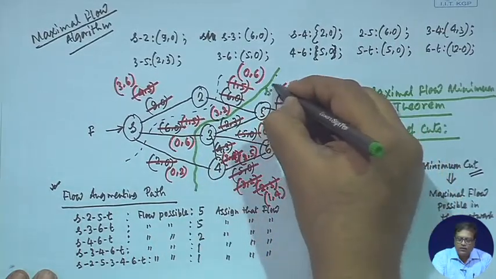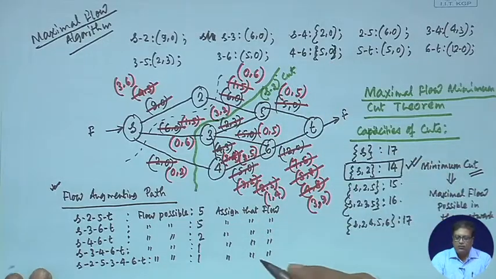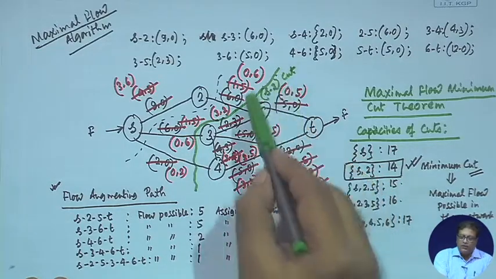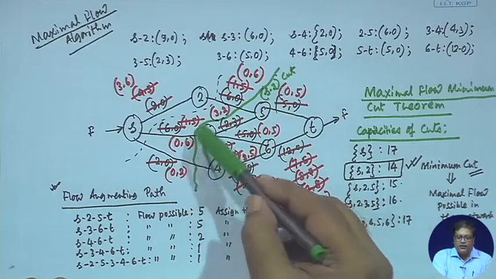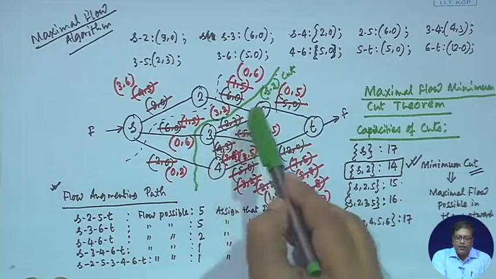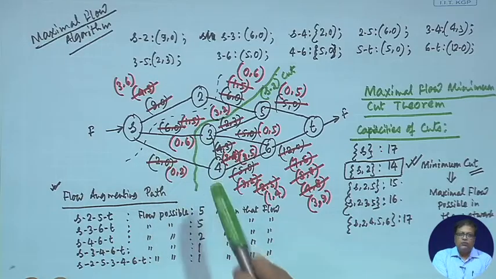So, this is the S-2 cut. You see this particular cut set, is there any capacity remaining? This has become 0, this has also become 0, this has also become 0.